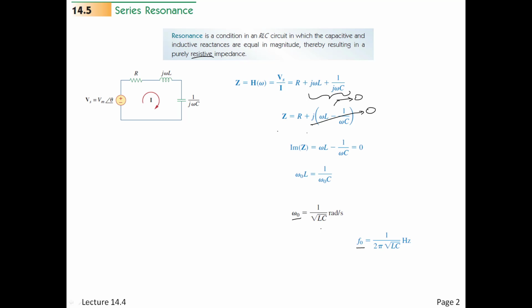Now we also know that that will be the lowest impedance, because as soon as this term becomes non-zero, whether it's plus or minus, the magnitude of impedance is going to increase. If it's non-zero, then Z is greater than R. Okay? All right, that's the simple case.